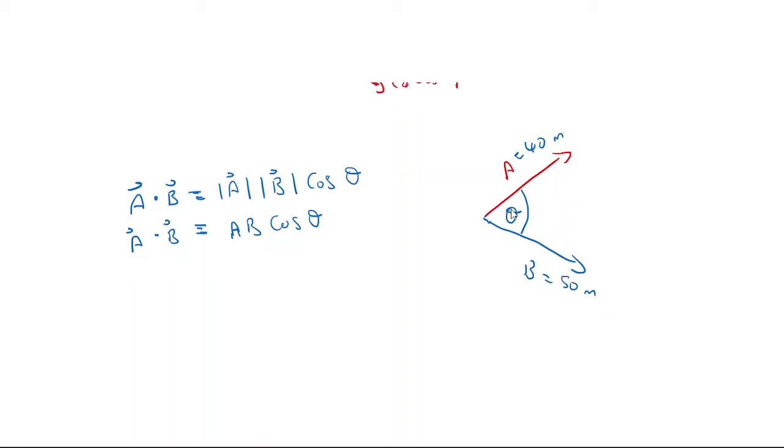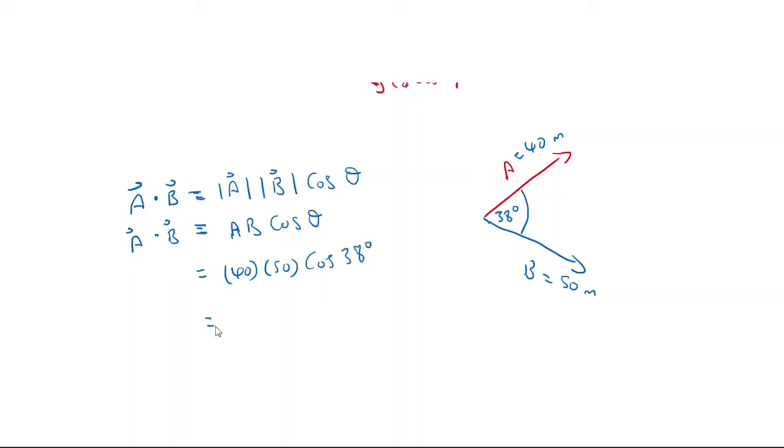And let's give theta some value, let's say theta is 38 degrees. If I was to find the dot product of that, it would just be 40, the magnitude of A, times 50, the magnitude of B, times cos of 38 degrees.